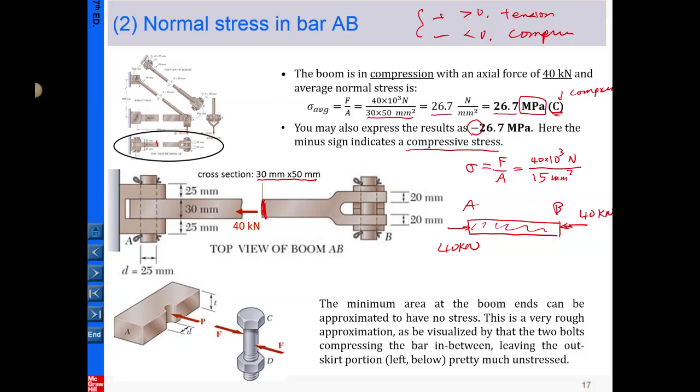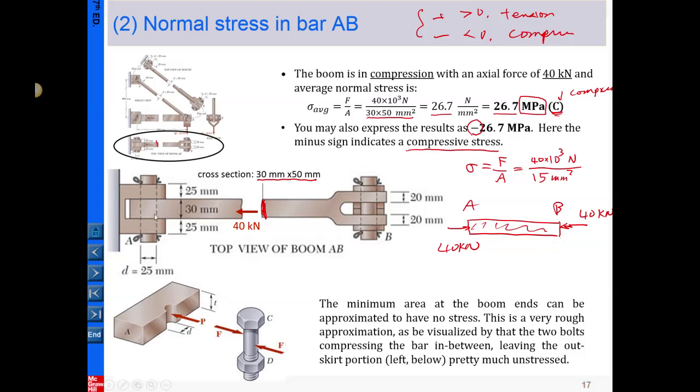This portion, let's skip over this here. Basically this paragraph is simply saying that based upon very rough engineering approximations in the AB portion, the majority of the force is confined between the two pins.